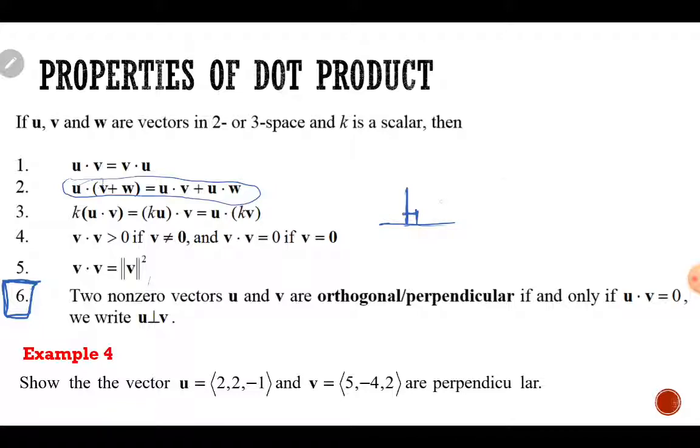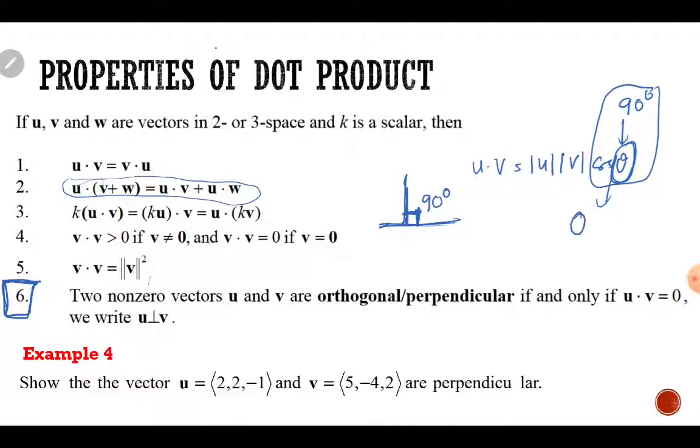Kenapa dia jadi 0 ya? Sebab U dot V dia sama dengan magnitude U darab dengan magnitude V cos theta. Yang menjadikan dia 0 ni because of the angle theta, dia perpendicular, meaning that it makes an angle of 90 degree. So cos 90 degree here will make things become 0. Okay, so for example kat sini, example 4, show the vectors U and V are perpendicular.